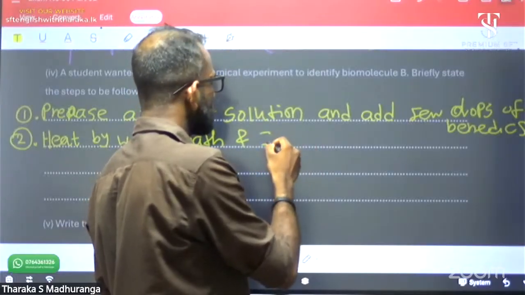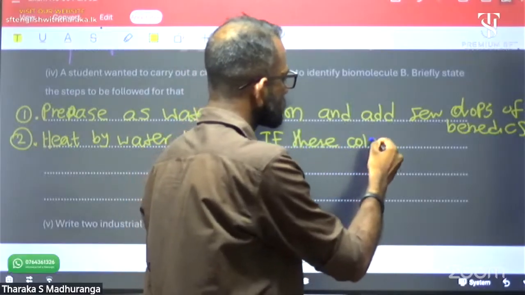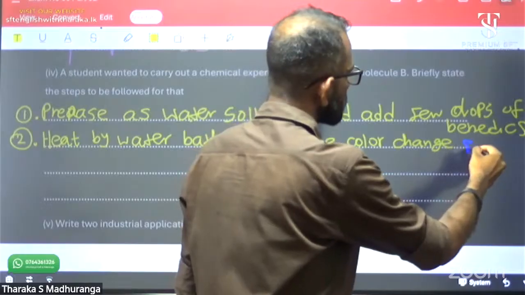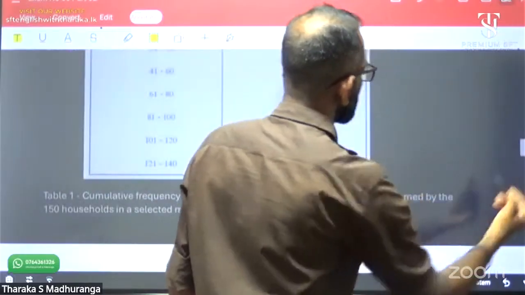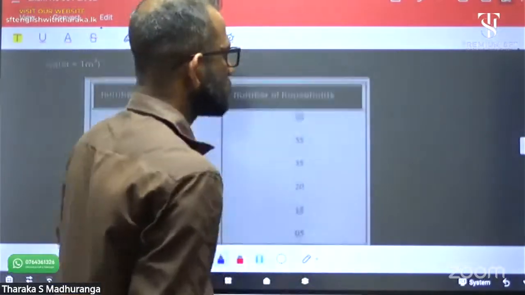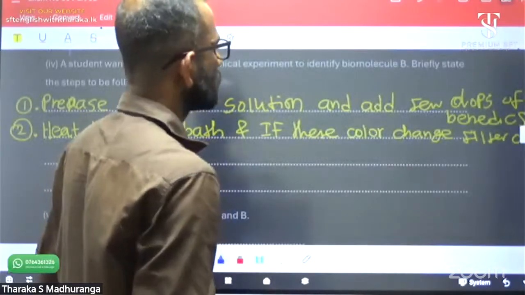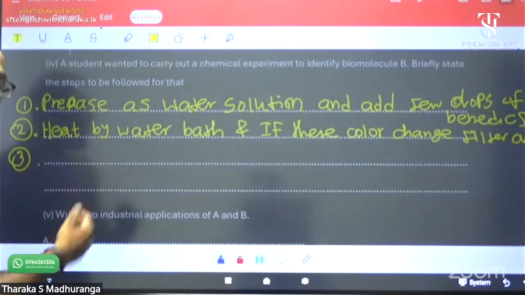If there is a color change, filter out this precipitate. Okay, two steps done. Now for the third step, it's already filtered.